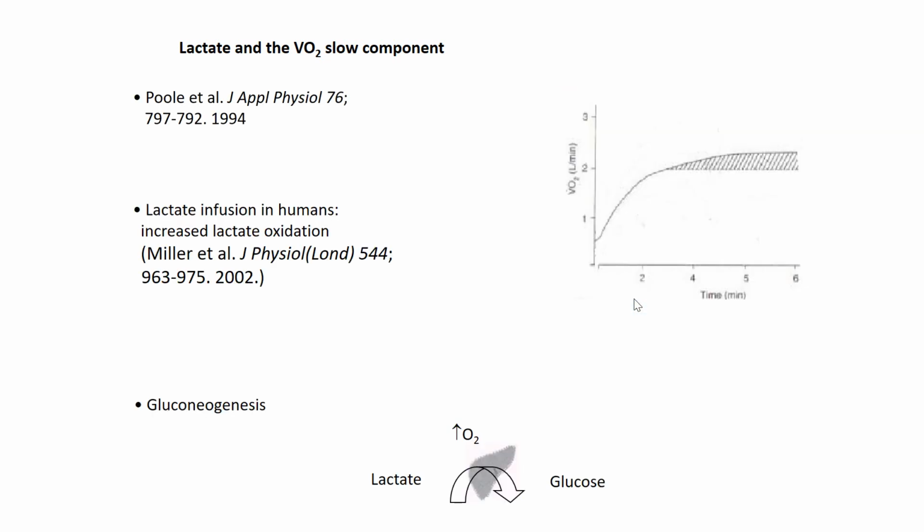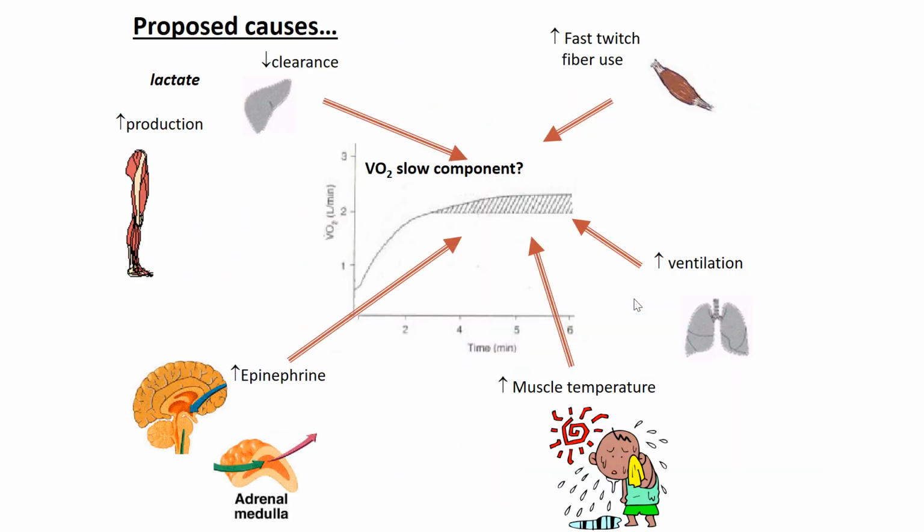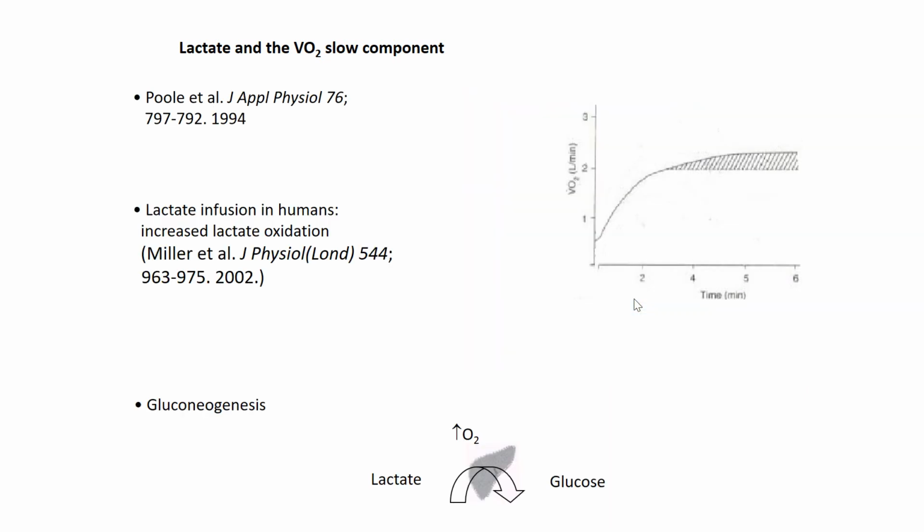So what Poole did was, I must have deleted that slide, unfortunately. I'll just summarize it for you. He basically electrically stimulated the calf muscle of dogs, and while they were contracting their muscle, he infused lactate, and he found that there was no effect on the response of oxygen.